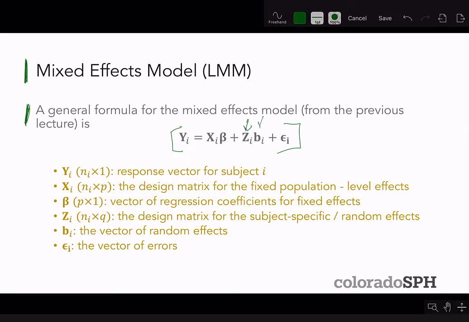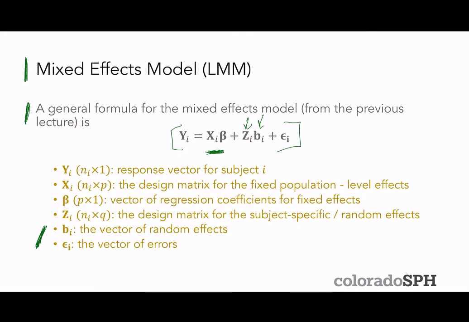The b_i are the random effects, and then your x_i betas are your traditional terms from a regular linear model. And then we also assume certain distributions for our random effects and our vector of error terms.